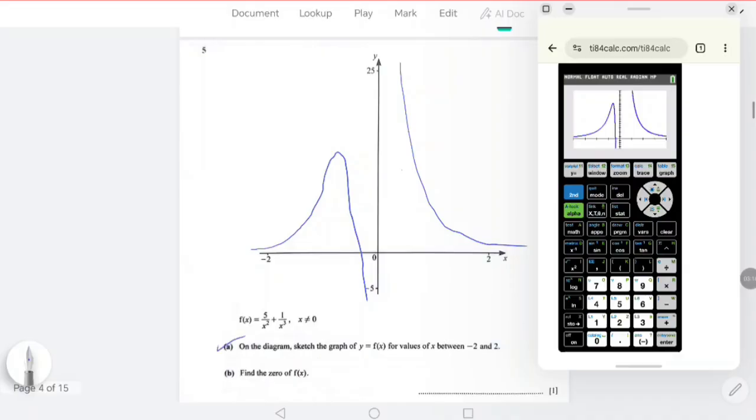Next, find the zeros of f of x. Zeros means the intersections with the x-axis, the x-intercepts, which is this one. You have only one point. How to find that? We go to second, calc, and we calculate the zeros.